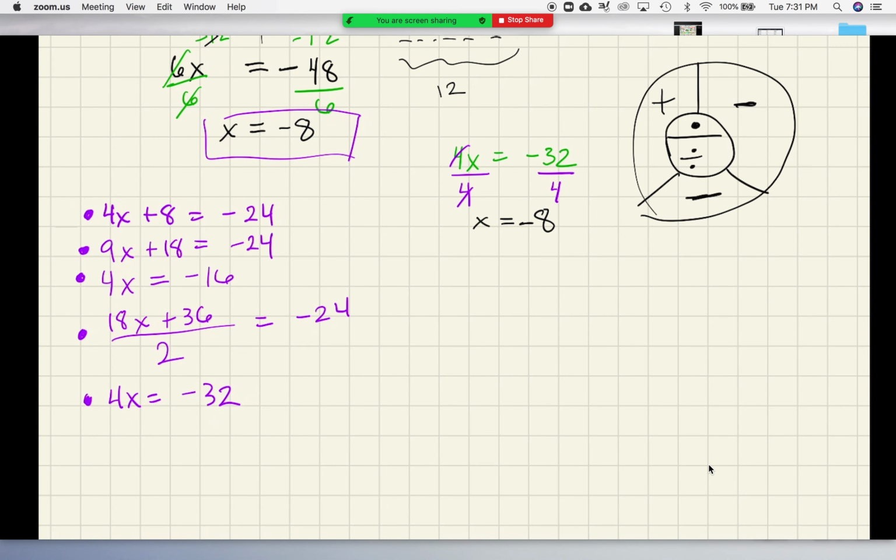The same thing goes for division. Here we have a negative and a positive, and we're dividing, so a negative and a positive make a negative. So our answer is going to be negative, so we get negative 8. So that one actually checks out, right? Yeah. All right, what about the next one?